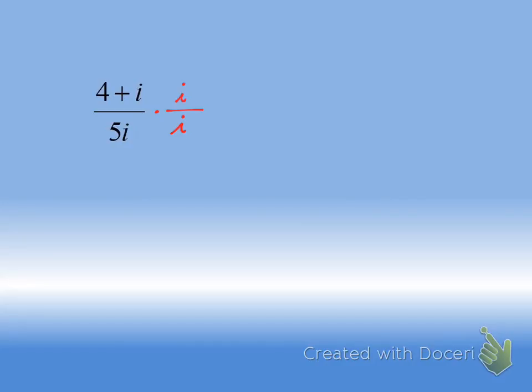Okay. So we're going to turn this into one fraction. All right. So 4 plus i, and we're going to multiply it by i. And then down below, we're going to do 5i times i, right? Just do the multiplication of what's over here. Everybody see that?